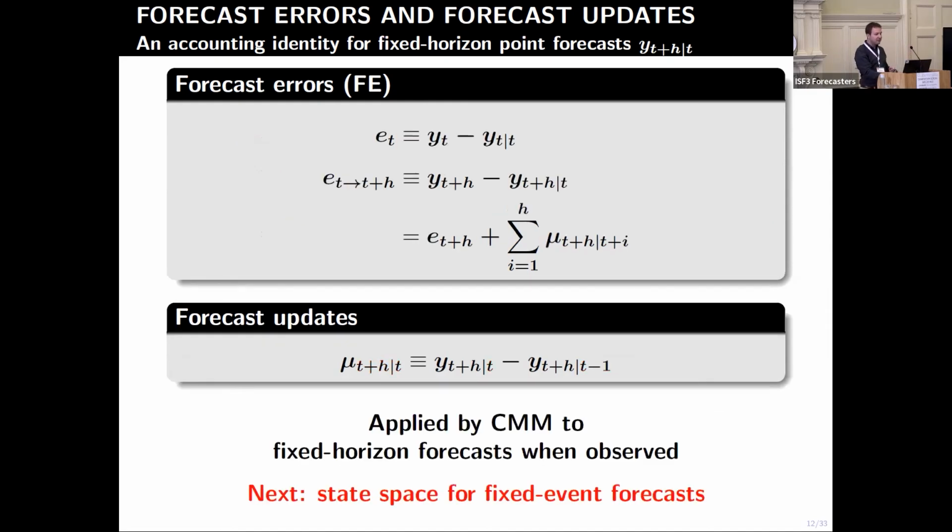Okay, and this idea was used by CMM to map fixed horizon forecasts to generate fixed horizon forecasts at other horizons, but they relied on the observation of these fixed horizon forecasts and fixed horizon forecast updates. Now, as I told you, we have the state space for the fixed event forecast as well.